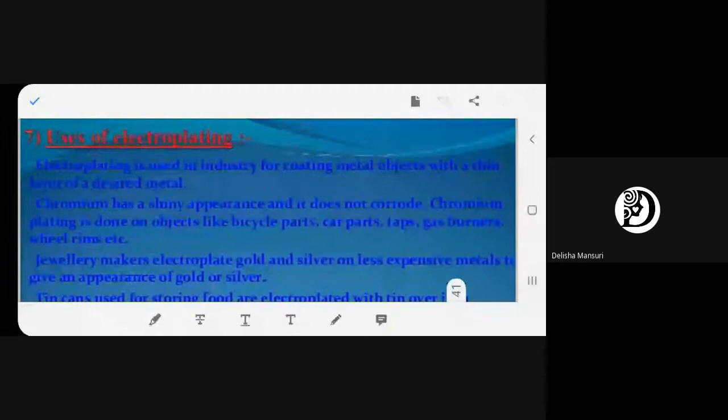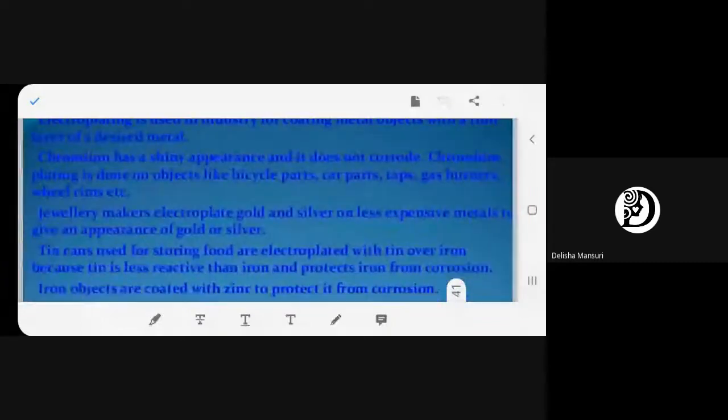Third, we also make jewelries. We do electroplating of gold and silver on less expensive metals and show it as if it looks real, like gold and silver ornaments. But actually, it is not. It is 1 gram gold. I hope you know 1 gram gold jewelries. They do just a coating of gold onto the less expensive metals.